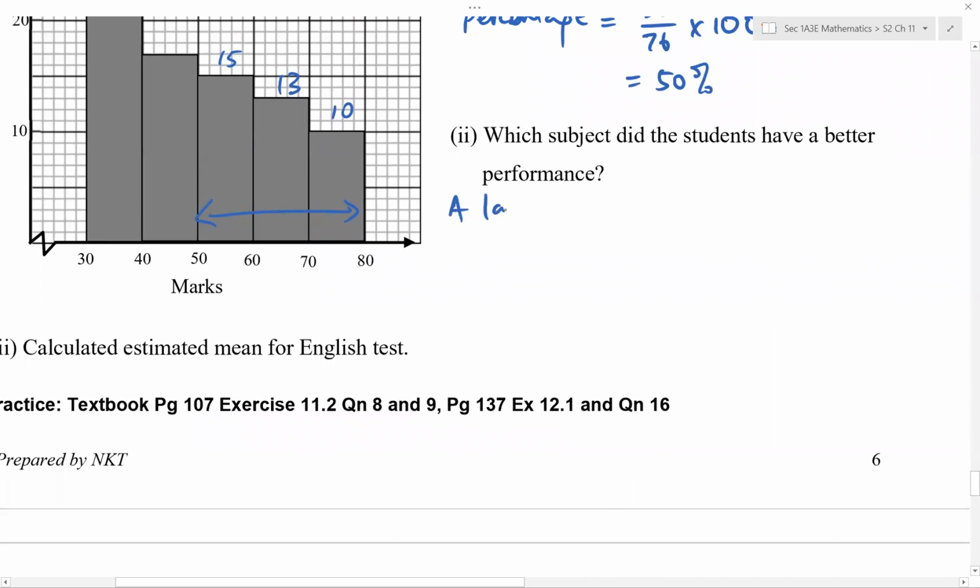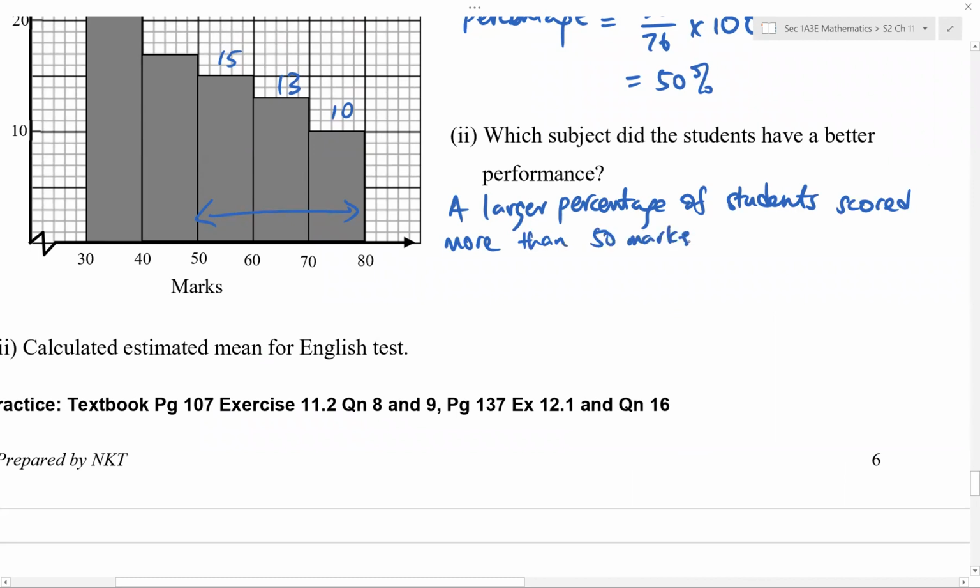So a larger percentage of students scored more than 50 marks. Okay, so a larger percentage.